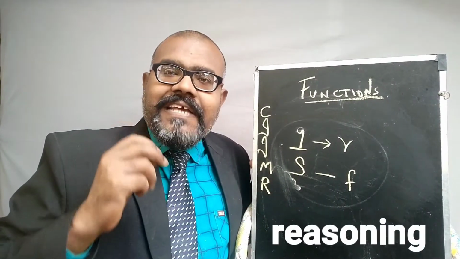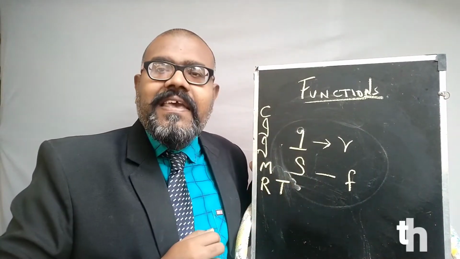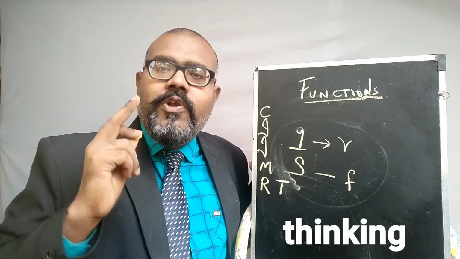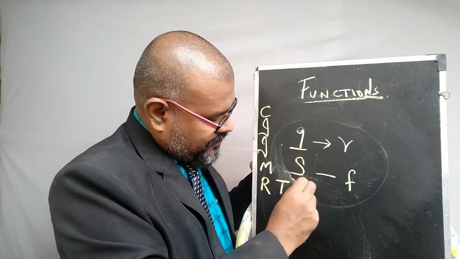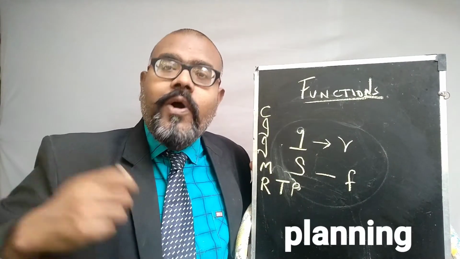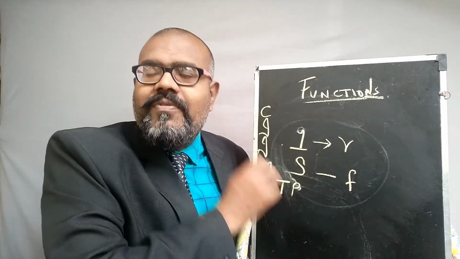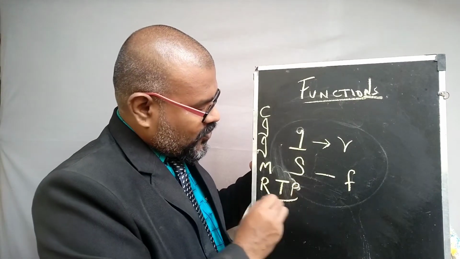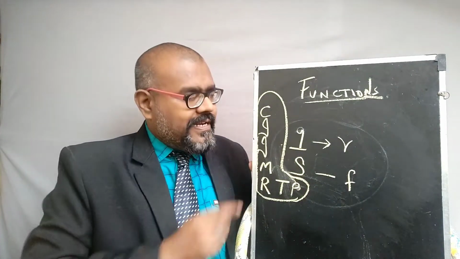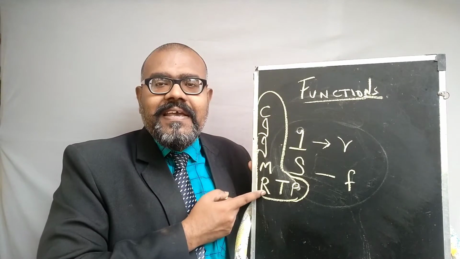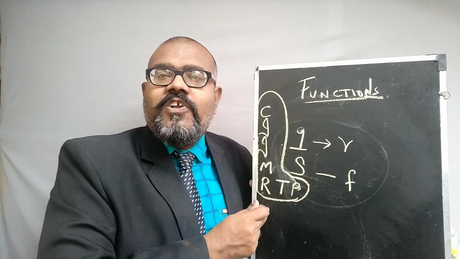Reasoning, the reasoning-wise thinking, is given by the cerebrum. Thinking, what you are going to think and do, all the instructions are given by the cerebrum. Planning, what your aim is and what you need to plan, all comes because of the cerebrum. So the main functions of the cerebrum are consciousness, imagination, intelligence, memory, thinking, reasoning and planning.